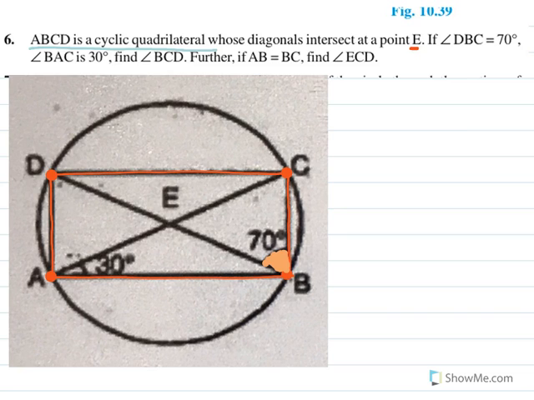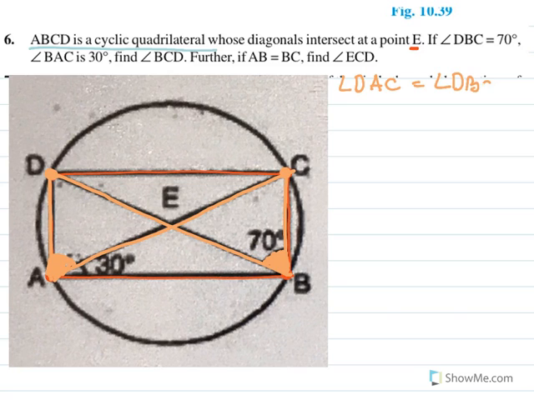Now, if you look at the angle BDC, it belongs to the arc BD, and these two angles, angle A and angle B, are angles in the same arc. So we write that angle DAC equal to angle DBC, that is angles in the same arc. So let me just go over it again.